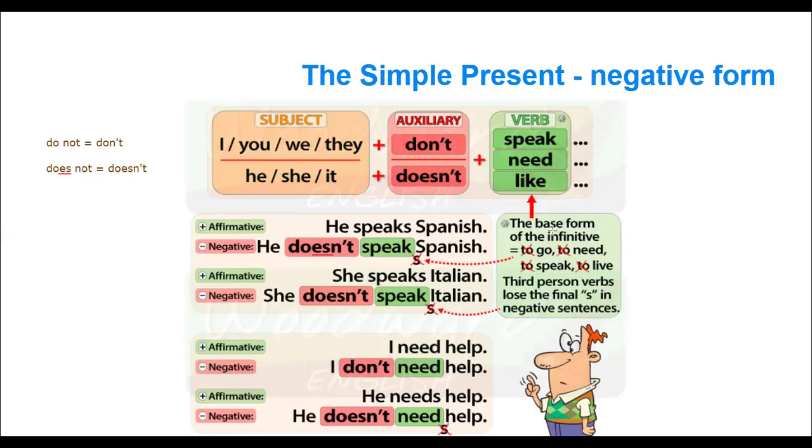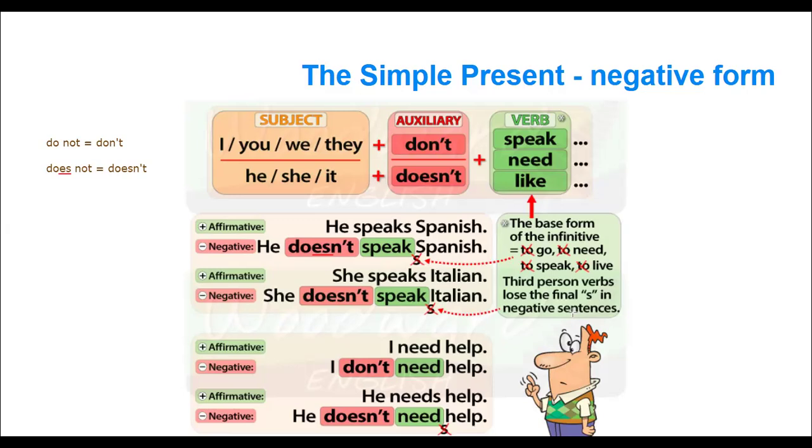It says the base form of the infinitive verb is the one we're going to use. When it says base form, it's the original form, right? Without the to, we're not going to put to go, to need, to speak, to live, no. We're not going to add anything more, no ing at the end or ed, nothing. And additionally it says, the third person verbs lose the final S in negative sentences.